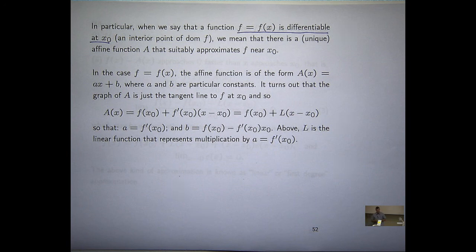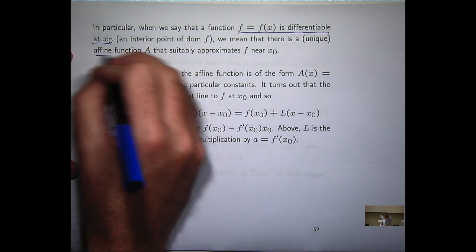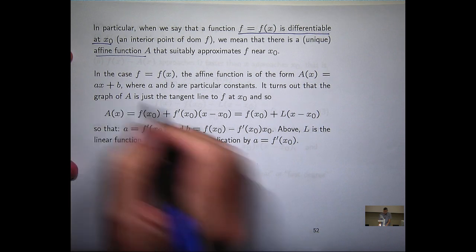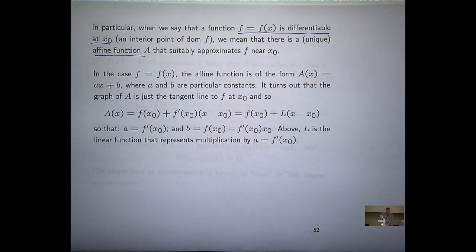Now, can anybody think what that affine function might be for functions of one variable, just geometrically speaking? It's not a trick question. The tangent line, right. It turns out that this affine function is just the tangent line. Okay, so it agrees with what you already know.